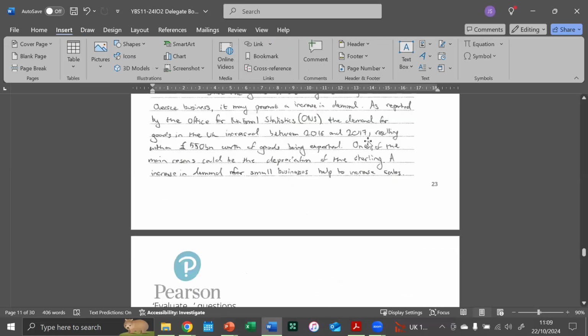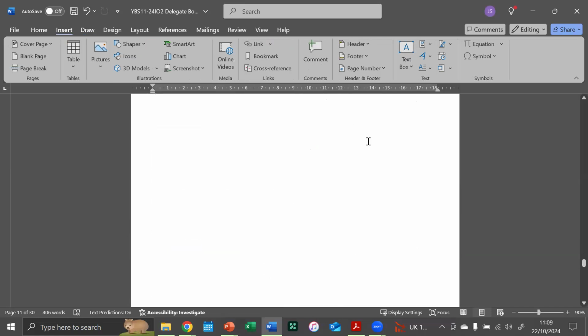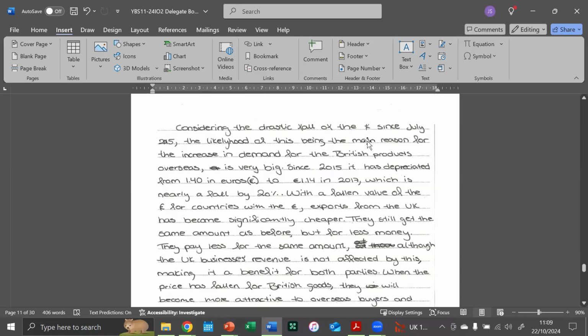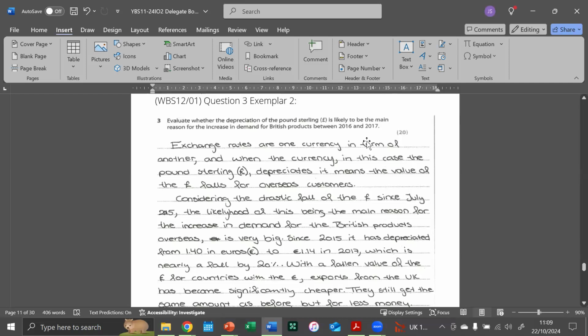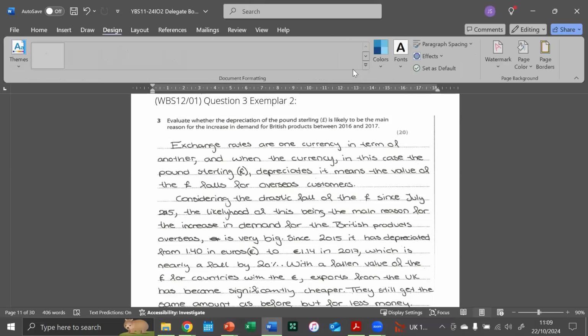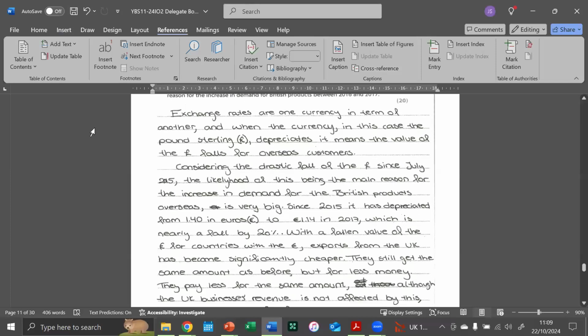Whereas our second exemplar is very much a different animal. There's some really nice little bits of evaluation in here. And if you want me to be honest, you've got this, which I think very, very few students would pick up on.